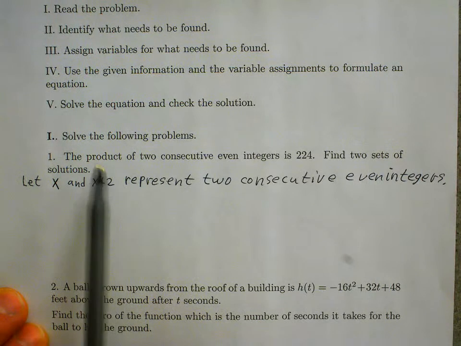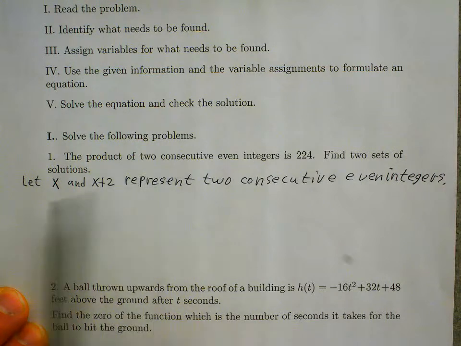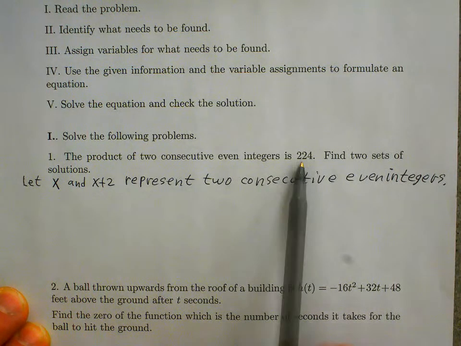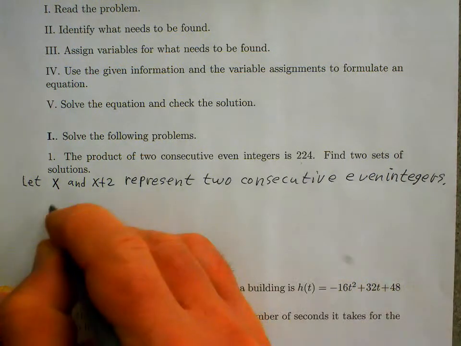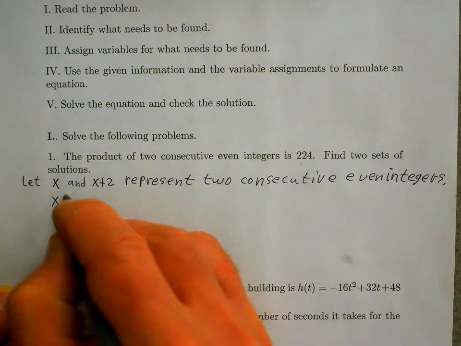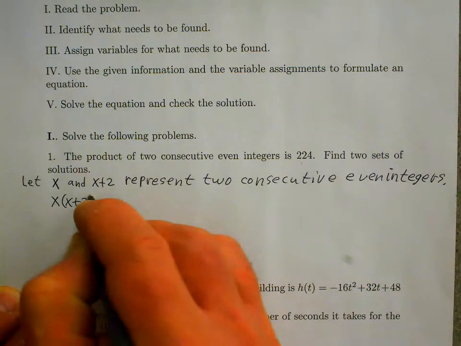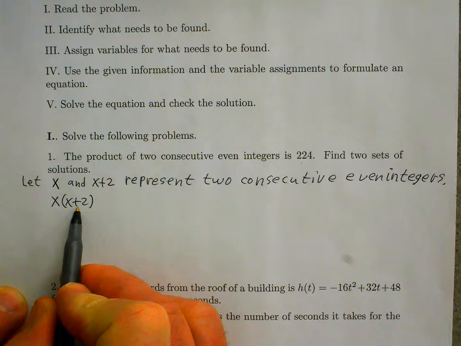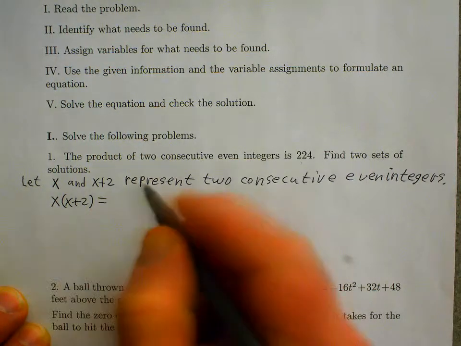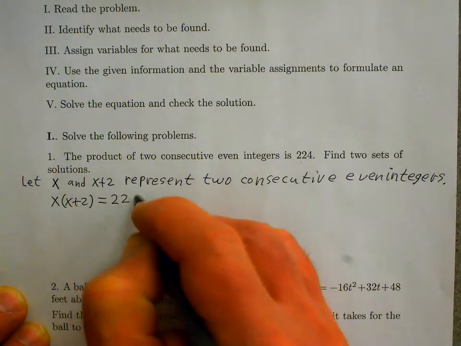Yeah, that's right. The product of the two consecutive even integers is 224. Product implies that we are multiplying. So if we multiply x times x plus 2, this represents the product of two consecutive even integers, and we're told that that's equal to 224.